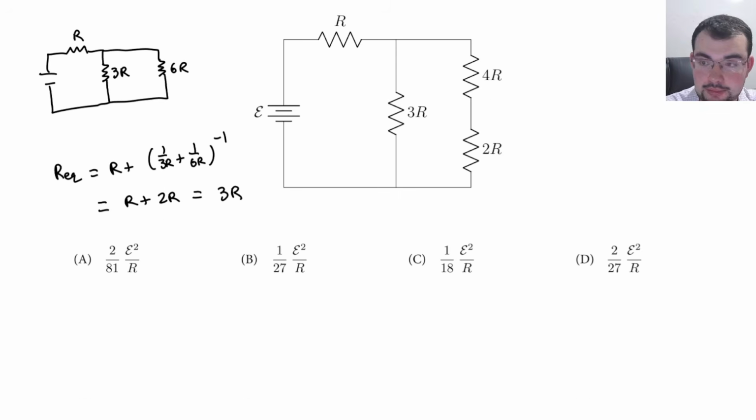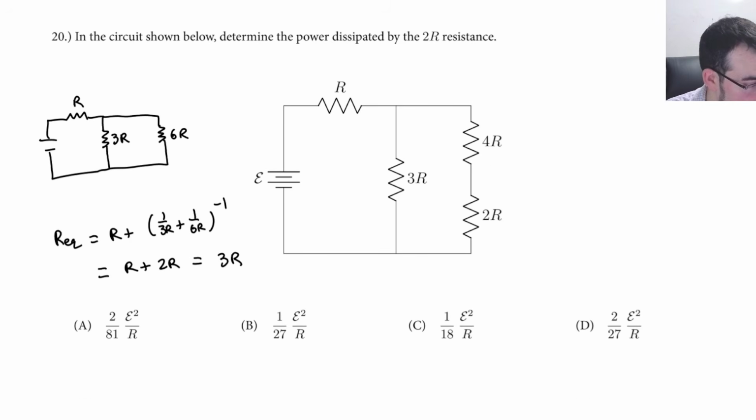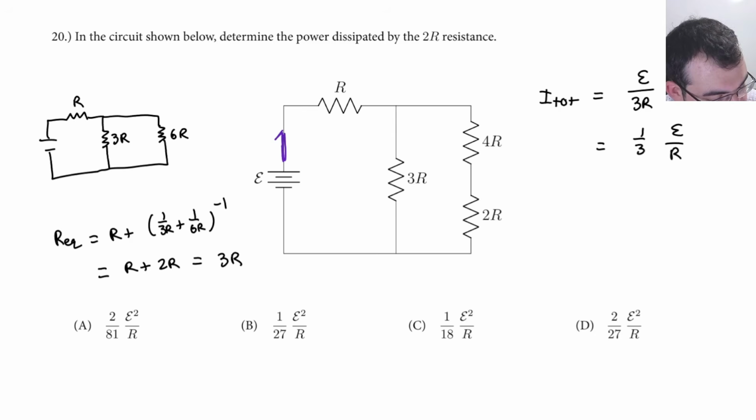So why does that help? Well, that helps because this tells us that the total battery current would be the battery EMF divided by REQ, which is 3R, which is 1/3 times script E over R. So this tells us that anybody in series with the battery gets that full current.